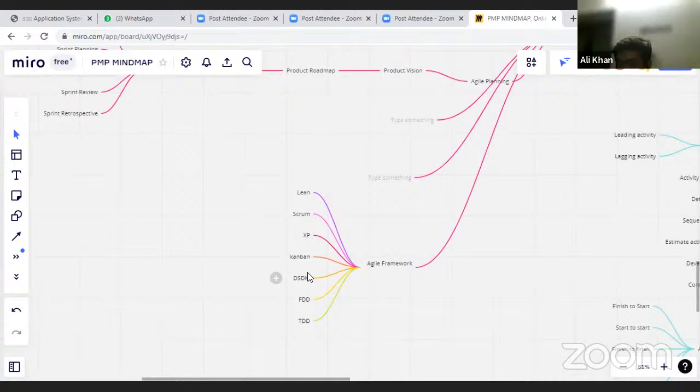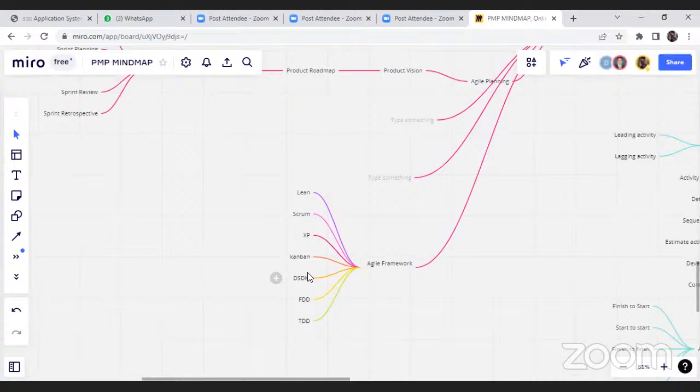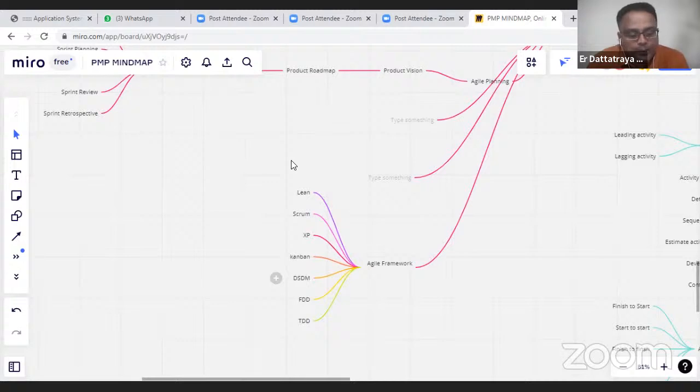So in sprint review, if the features and development are okay as per the acceptance criteria, the client accepts them. And if there is some issue, the client or the customer rejects that.